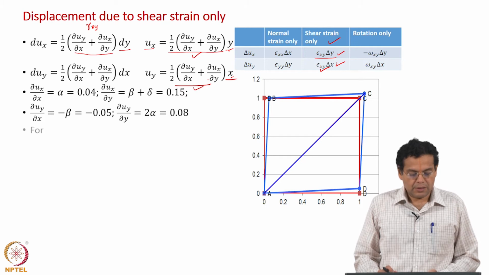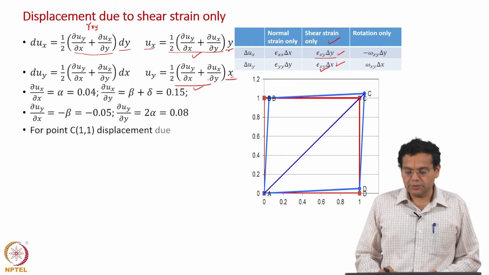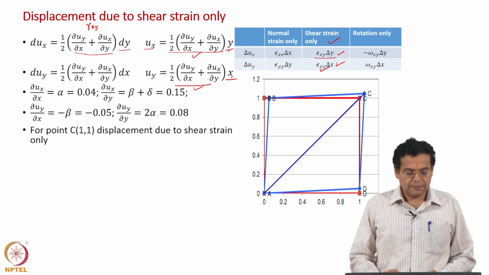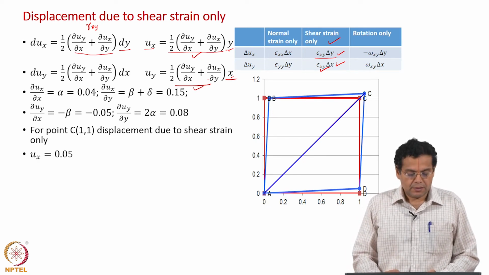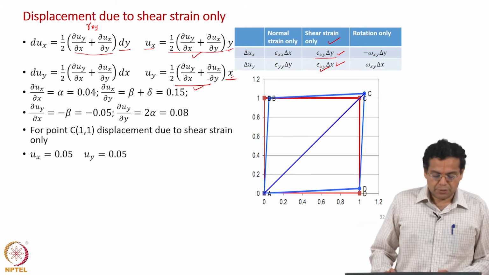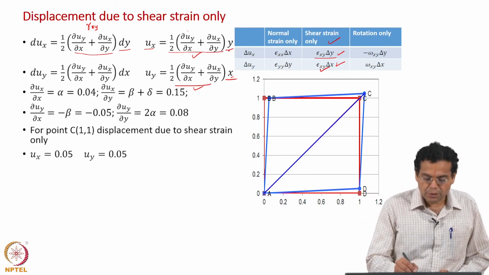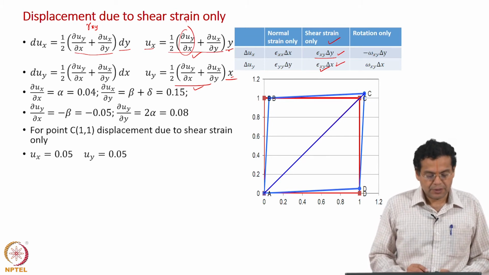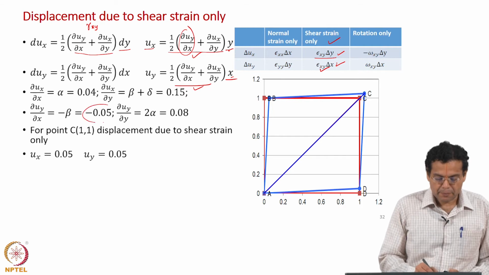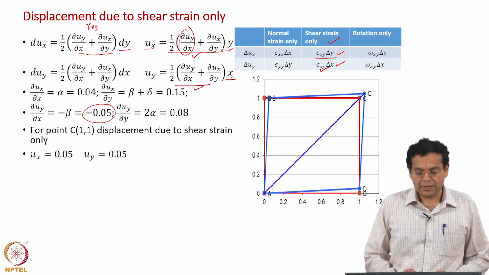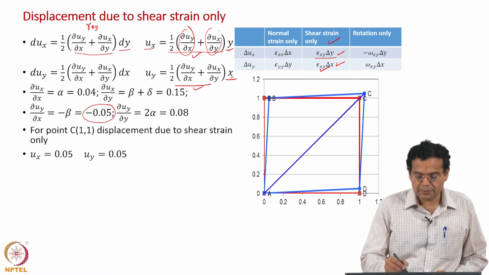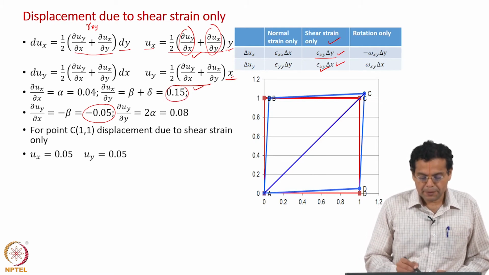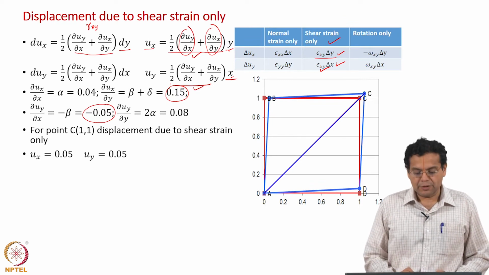Okay, so, now for point C, which is 1 comma 1, displacement due to shear strain only. How do you calculate? For u x, dou u y by dou x is minus 0.05, and then you have dou u x by dou y, which is plus 0.15.